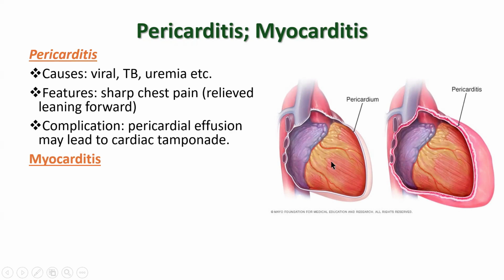In a normal heart, you can appreciate these are the heart muscles and here the heart itself. If the pericardium is healthy, it will look like this. But if it's inflamed, this is what you will appreciate here. Of course, you'll then have pericardial effusions leading to cardiac tamponade.